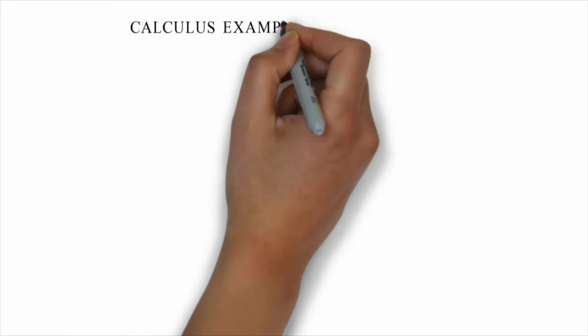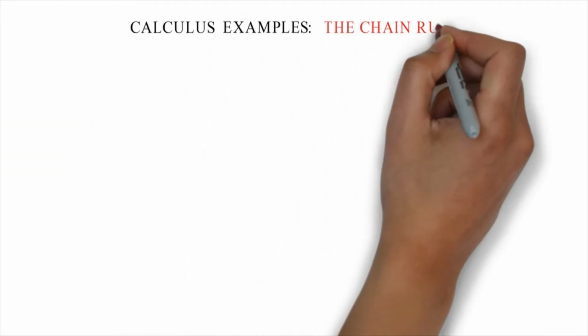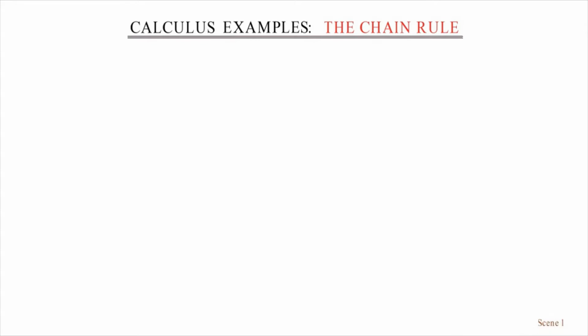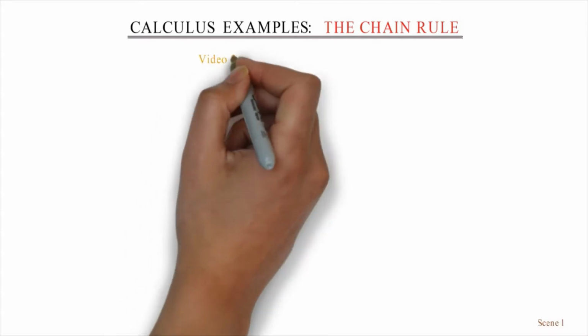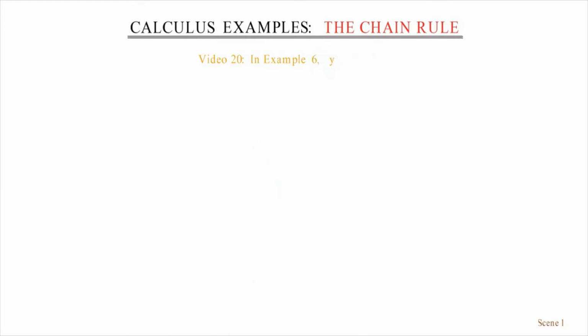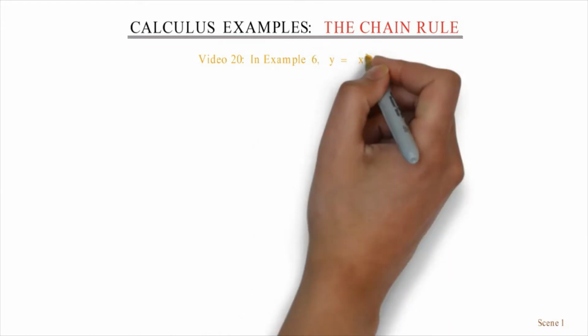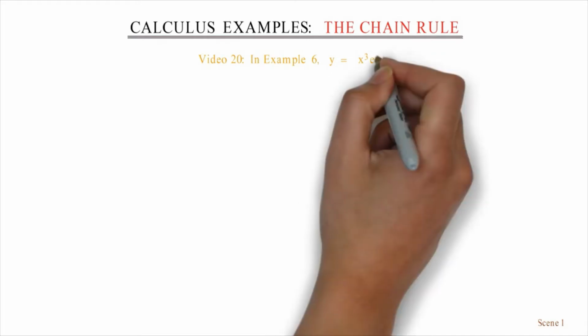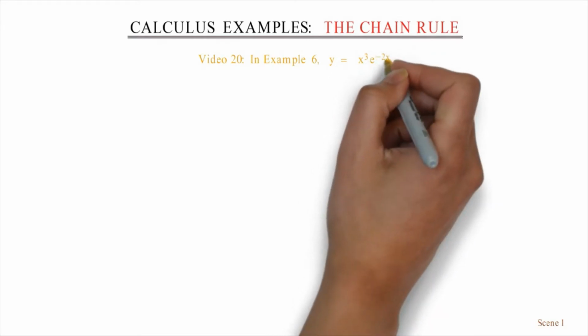Calculus examples, the chain rule. This is video 20. In example 6, y equals x cubed e to the minus 2x.